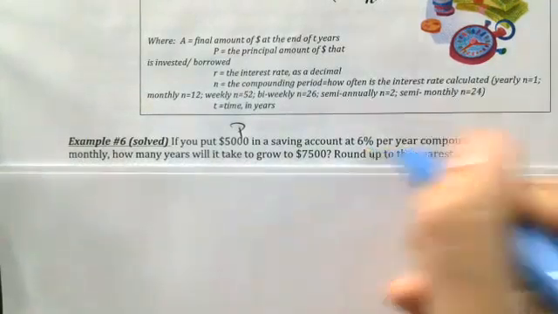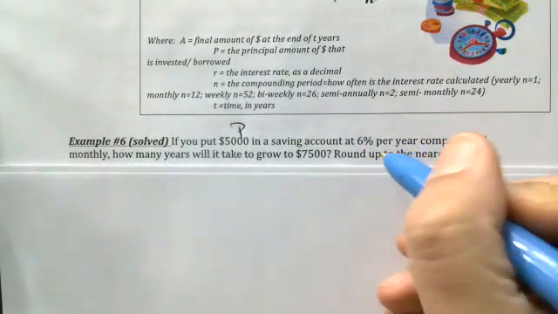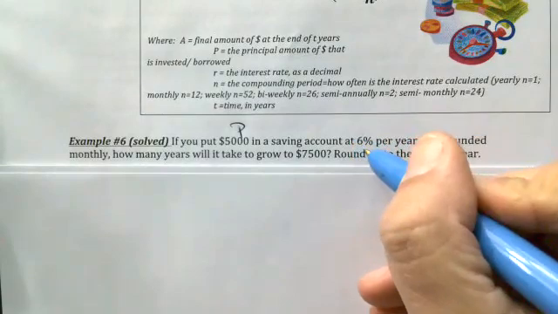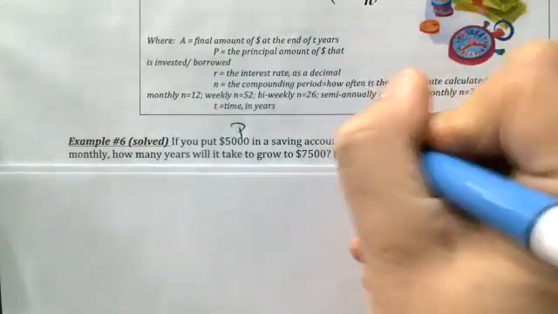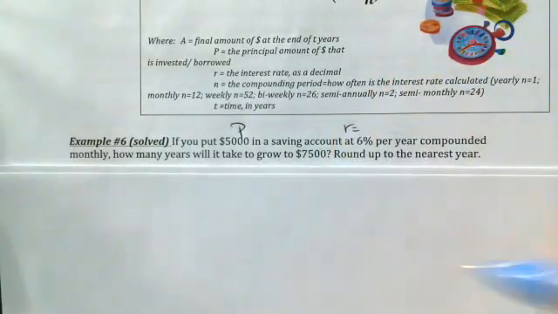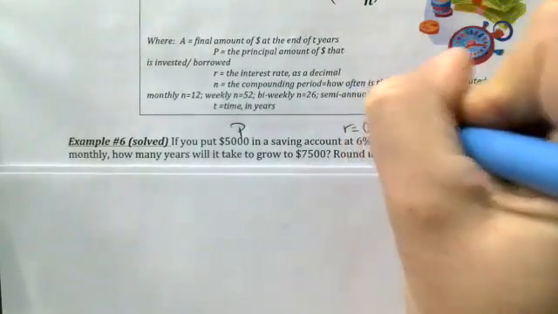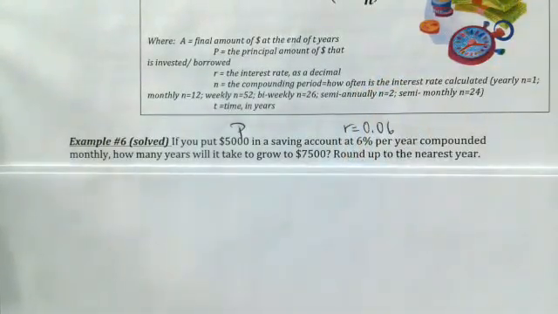And then the 6% per year is the interest rate, but it's not the R in the formula. The R is going to have to be the decimal form of that. So 0.06, because 6% means 6 divided by 100, or 6 per 100.